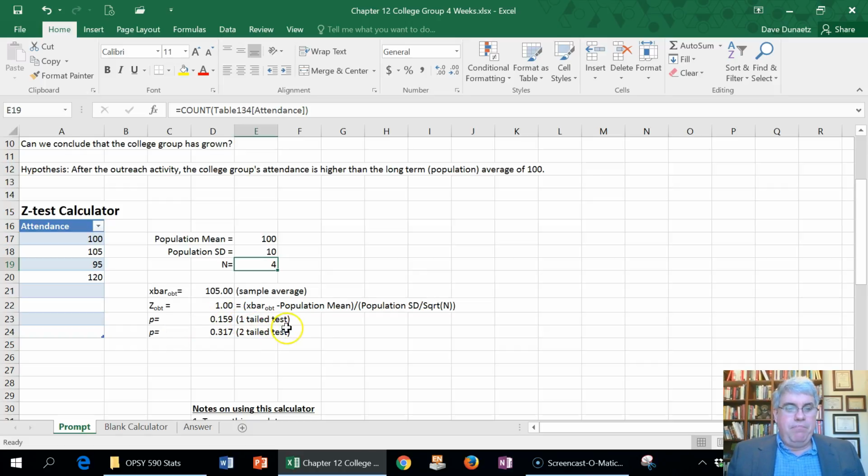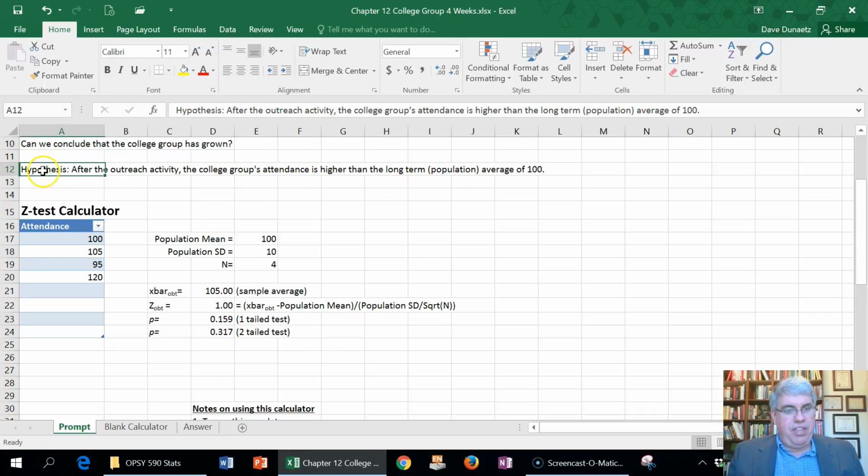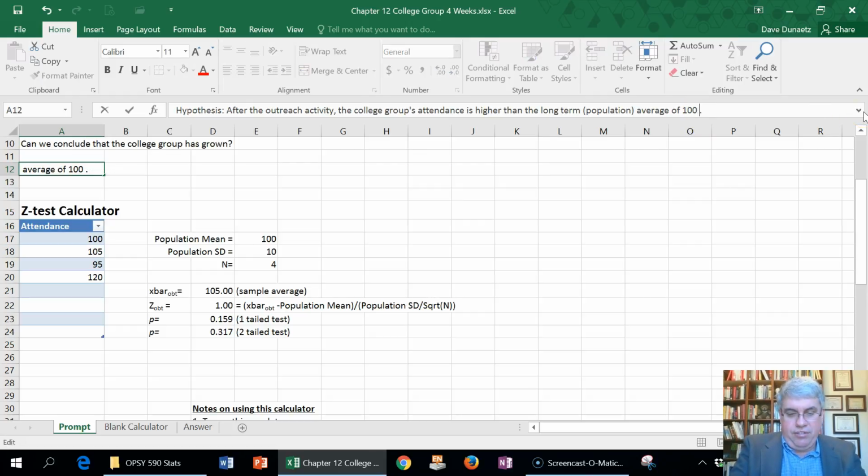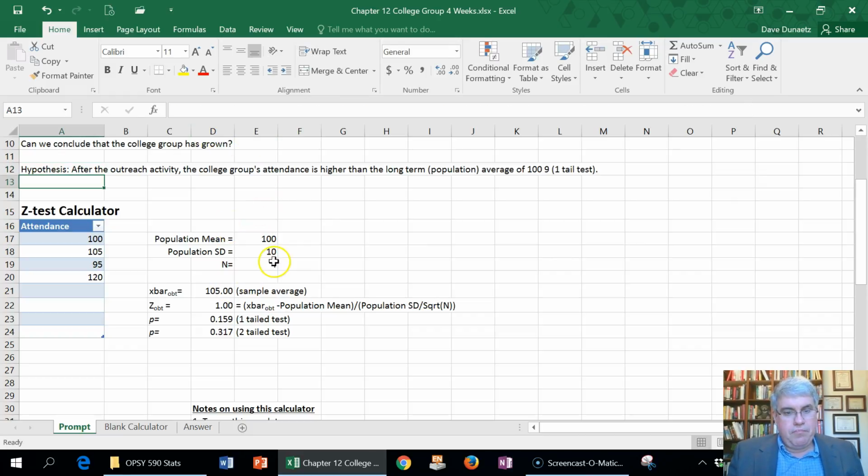It's actually 0.159 because we're making a one-tailed test. I should have put up in the hypothesis that this is a one-tailed test, because we're only checking to see that it's grown. We should always specify in our hypothesis before we look at the data whether it's one-tailed or two-tailed. And the way that we formed our hypothesis was one-tailed.